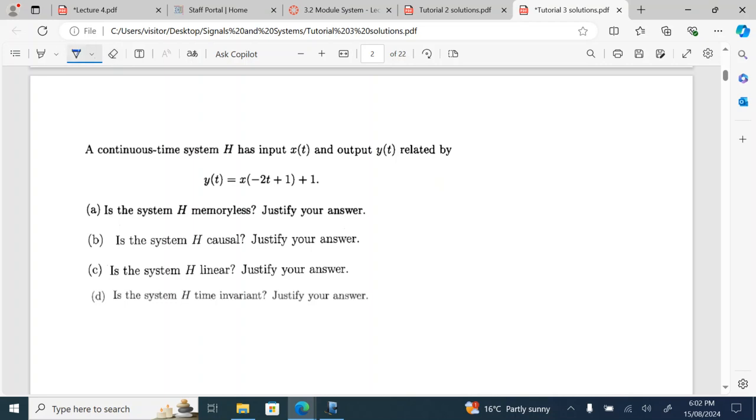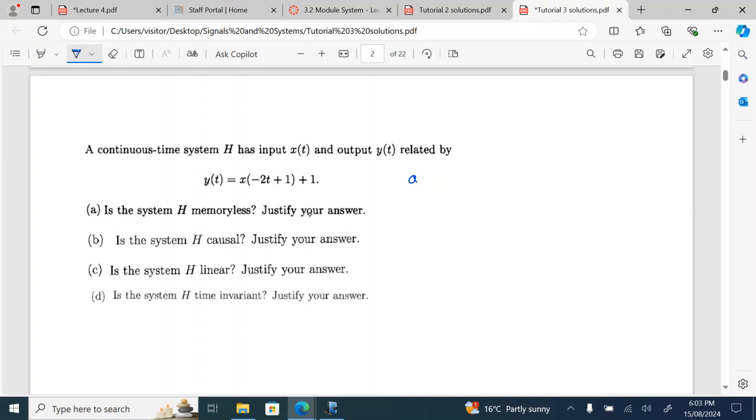Okay, so again, look at the system. All it does is changing the time, okay? Because what we see is a change inside the parentheses. So inside that parentheses is minus 2t plus 1. So time is changing.